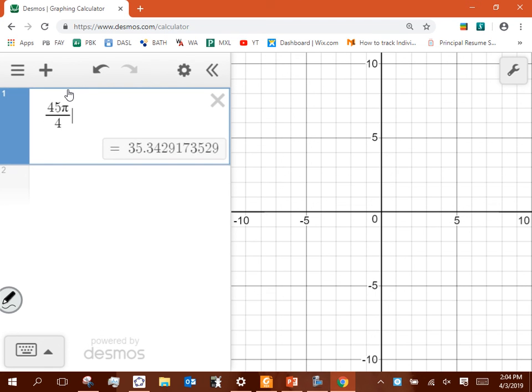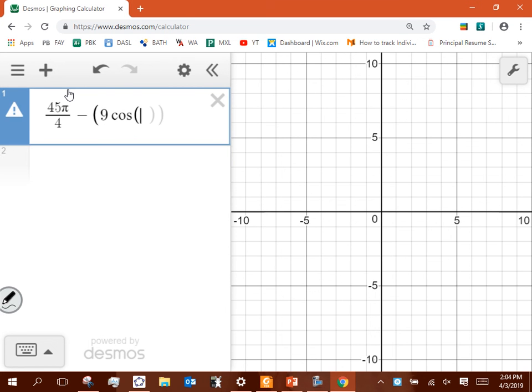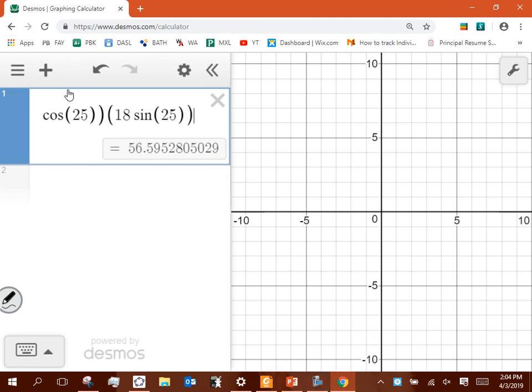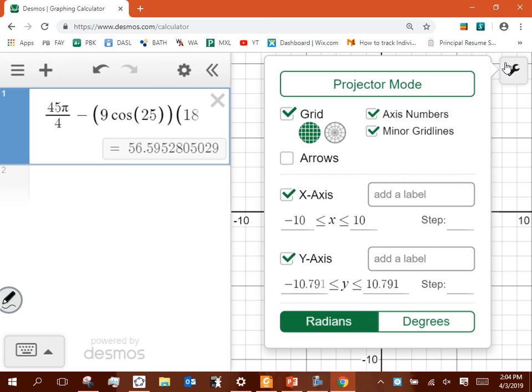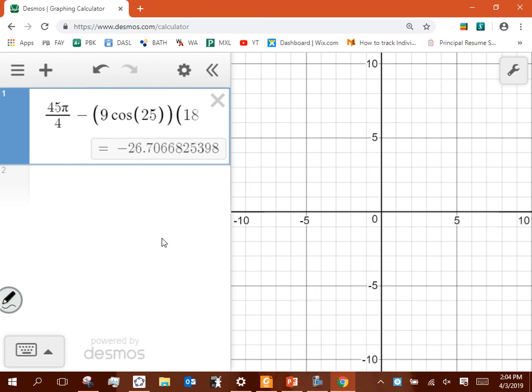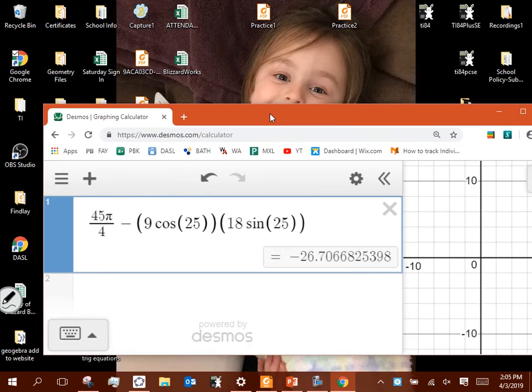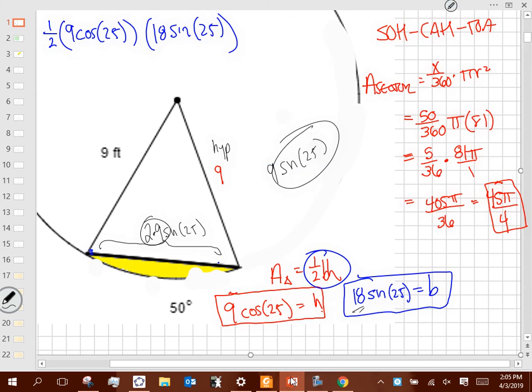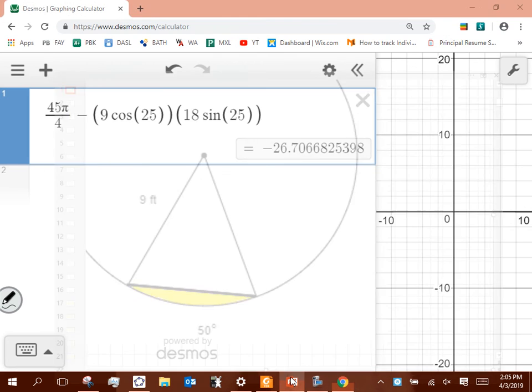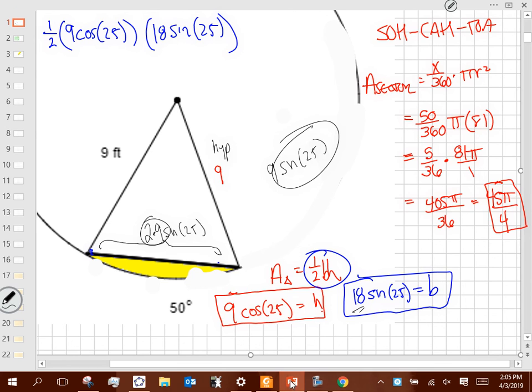We had 45 pi over 4, and then it was minus. We had 9 cosine of 25, and then 18 sine of 25. Now I know I'm in the wrong mode here with my calculator. I want degrees. Okay, did I have the right 9 sine, 9 cosine 25?